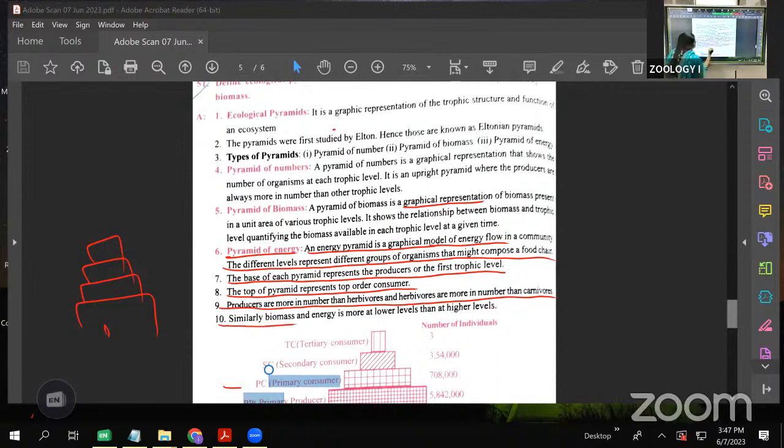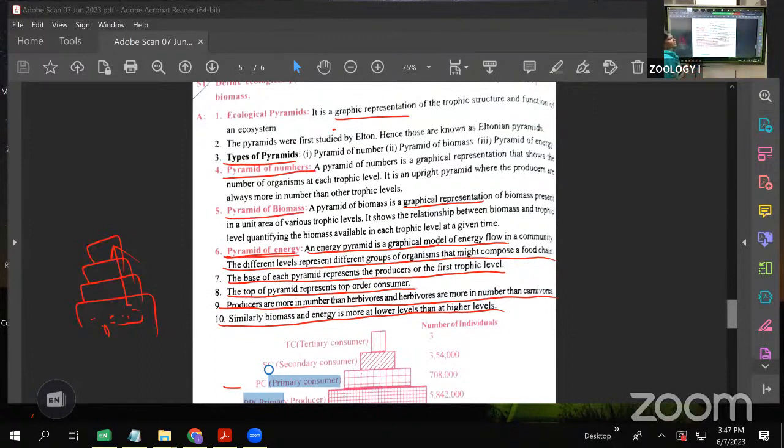Similarly, biomass and energy are more in the lower level and less in the higher level. Clear? The biomass and the energy are highest in the first trophic level, and going to the last trophic level they decrease. There are three types of pyramids: pyramids of number, pyramids of biomass, and pyramids of energy.